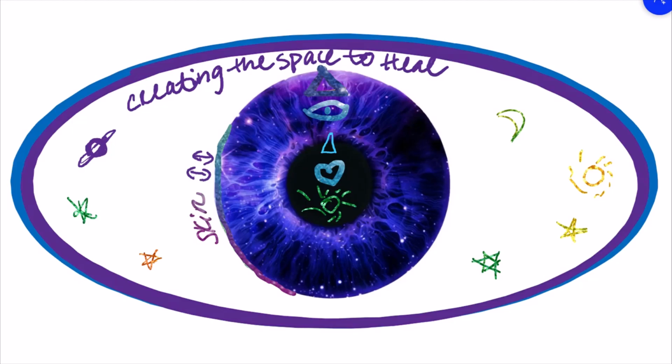Then this is the Swadhisthana, the sacral chakra. I'm trying to make it into a crescent moon. And then we have the root chakra.